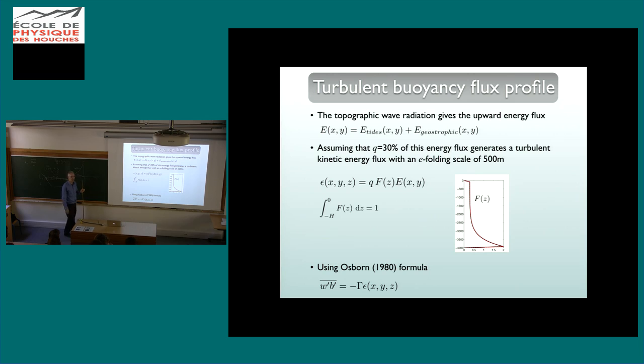It's now the next steps that become pretty hand-wavy. Now, this is the energy radiated in tides plus geostrophic motions. Now, the first step is just brute force. You say, well, about 30% of that wave energy that is radiated into waves ends up going into wave breaking.